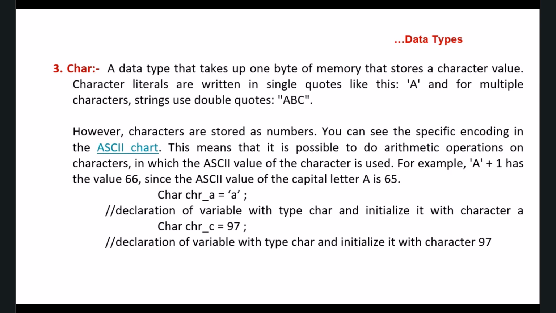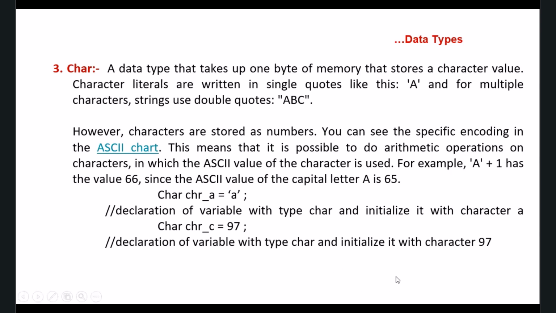This means it is possible to do arithmetic operations on characters, in which the ASCII value of the character is used. For example, 'A' + 1 has the value 66 since the ASCII value of the capital letter A is 65.